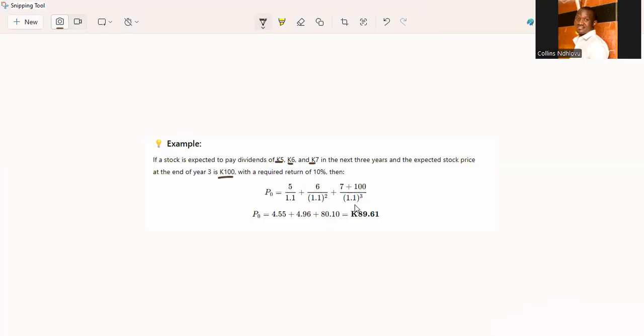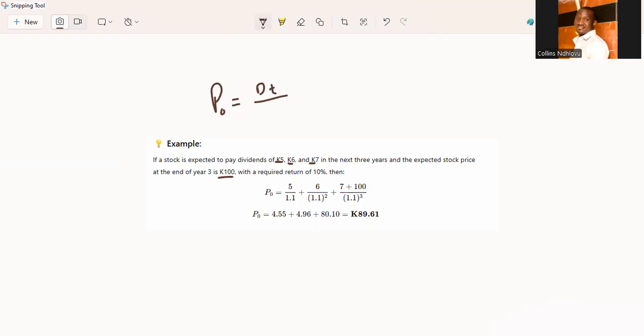So what are we given here? We are given the formula that we had looked at. What is the formula? The basic value P0 is got what? Dt over what?